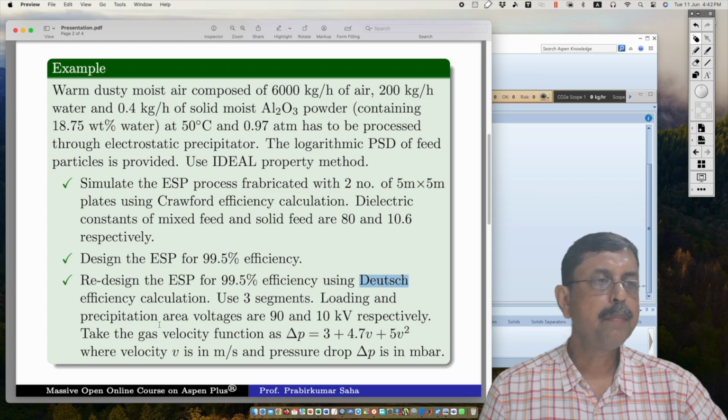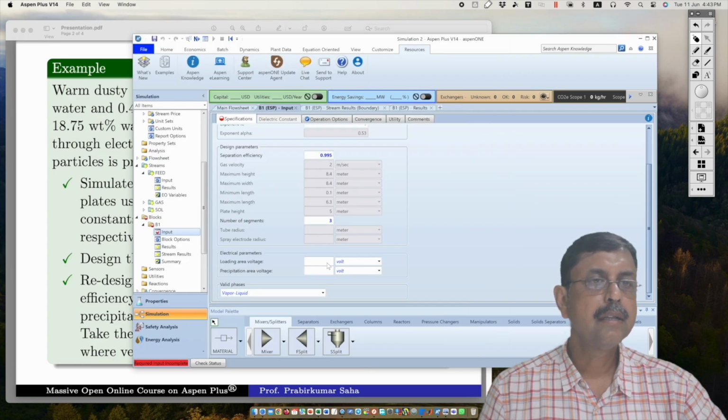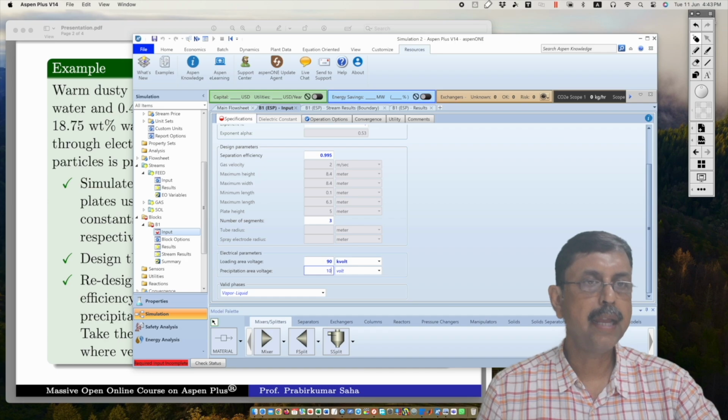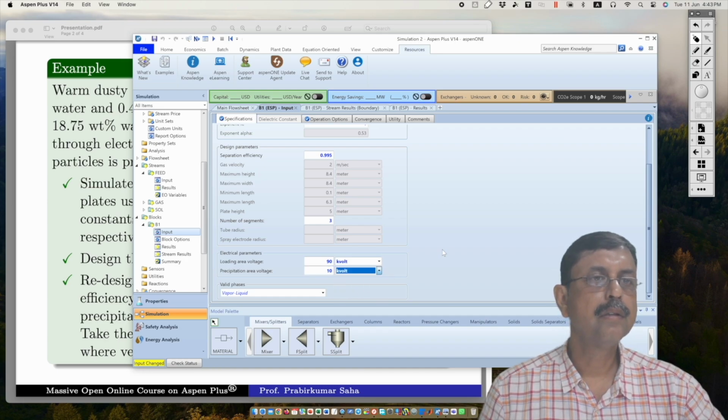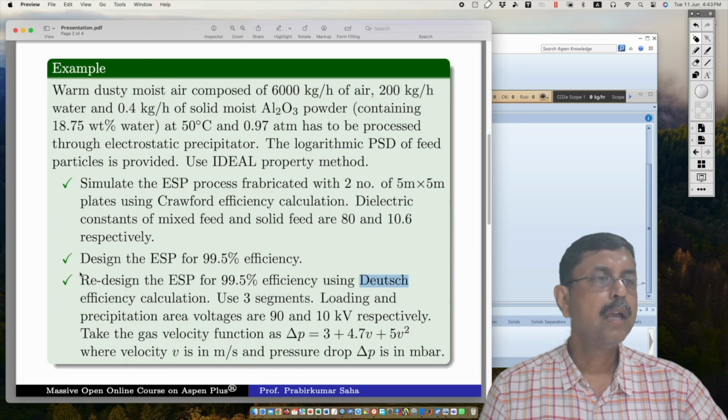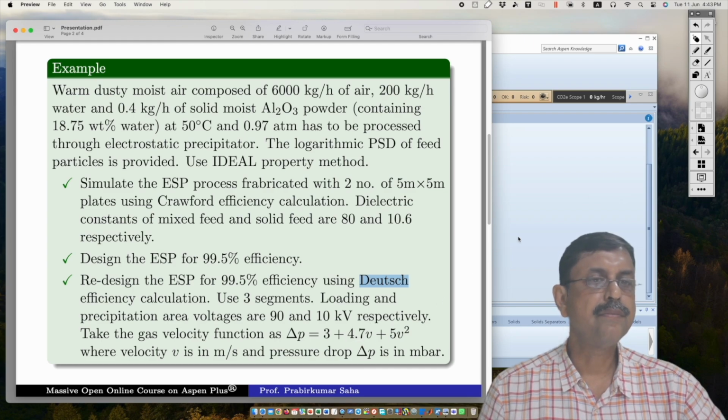And the loading and precipitation area voltages are 90 and 10 kilovolts. So we will write 90 kilovolt and 10 kilovolt. Right? And gas velocity function is delta P equal to 3 plus 4.7 V plus 5 V square.